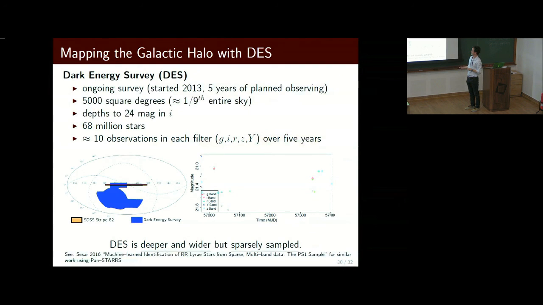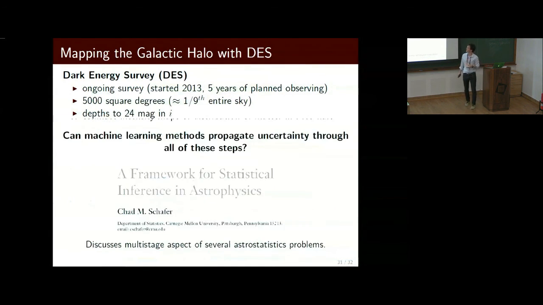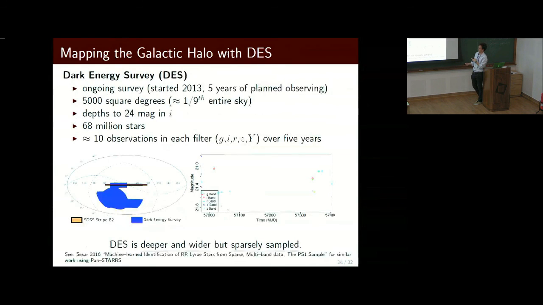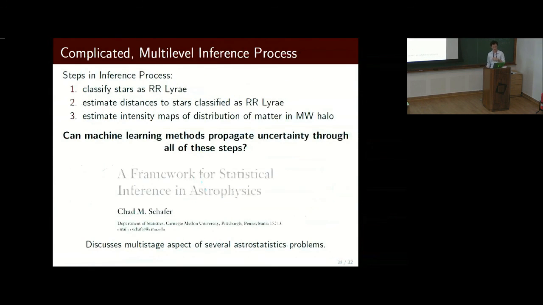Cesar is also extending the results from SDSS stripe 82 to the whole Pan-STARRS sample. The reason I bring this up is that these classifiers, which Cesar is currently using for Pan-STARRS and which some collaborators and I are working with on the DES data, play a role. We don't just classify the RR Lyrae, we then estimate distances to them, and then we estimate intensity maps to find the distribution of matter in the Milky Way halo.